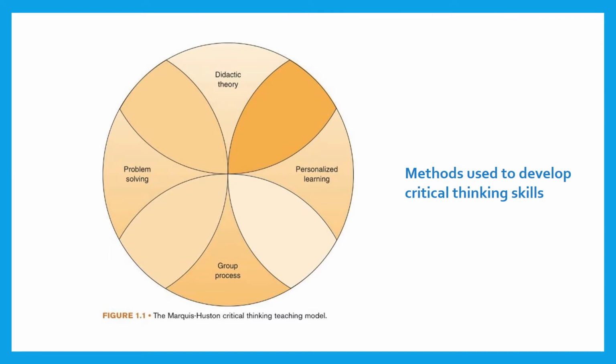Group process is kind of putting it all together and learning how to problem solve. Okay, so it's just sort of a diagram of the skills and experience that you need to build upon your critical thinking skills.